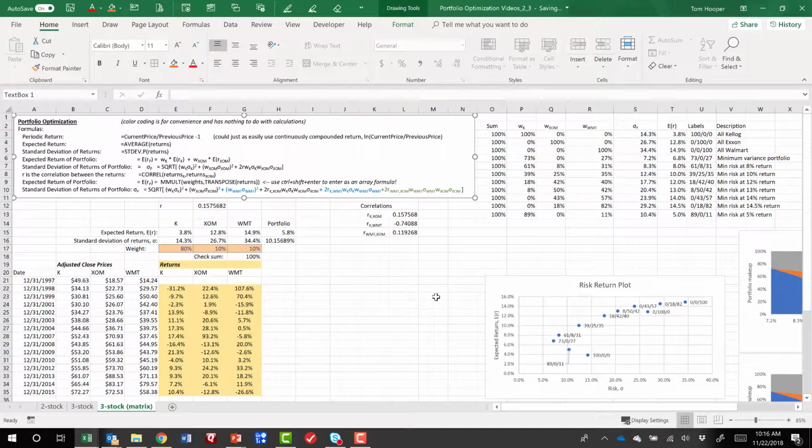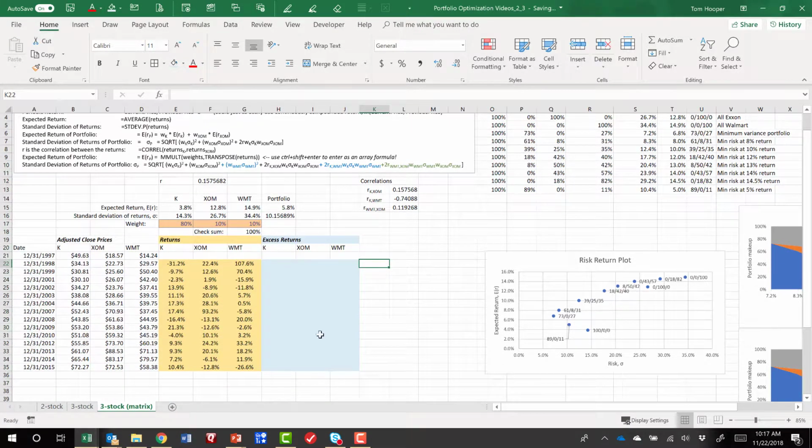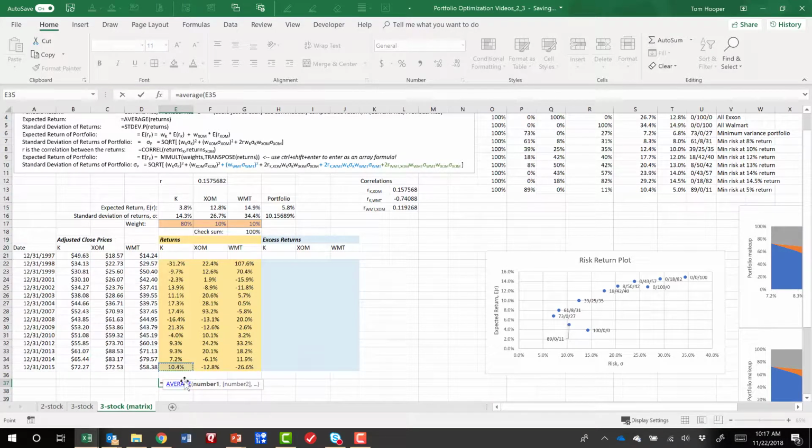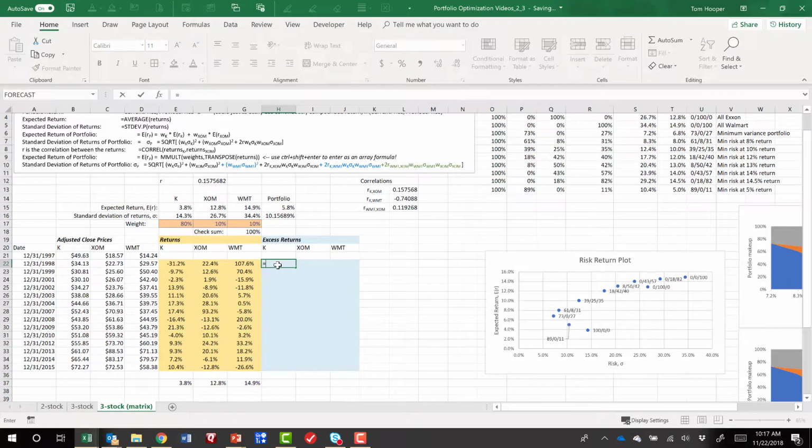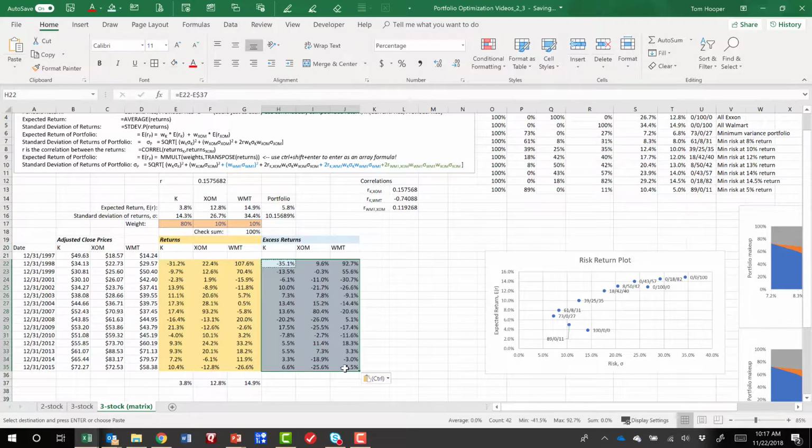To do that, we need to calculate something called excess returns. An excess return is the return in any given period over and above the average return of all the periods for the stock. So if we take the average return for all the periods and say that in this period for Kellogg it was this much above or below the average, then we can copy that and see what the excess return was in every period for every stock.